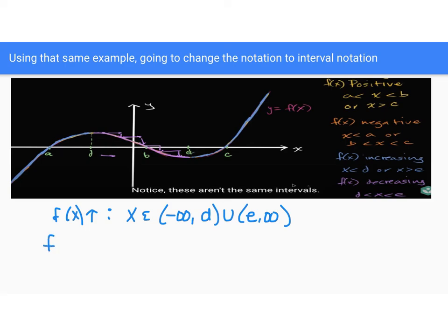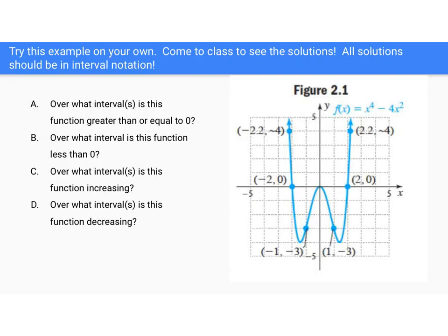Then he said f of x is decreasing. Again, that was the purple notation. F of x is decreasing when x is an element between D and E. We want to use the vertices here, not the x-intercepts. Those vertices, or local minimums and maximums, as we'll describe later, are those turning points, the places where it switches from increasing to decreasing.